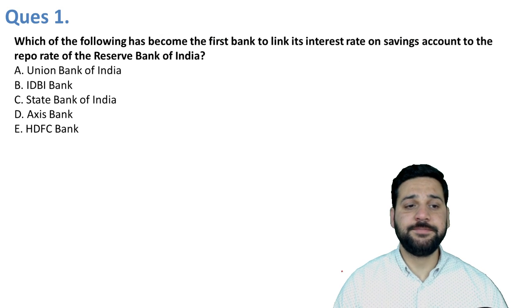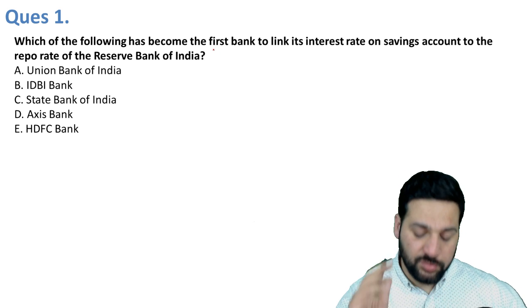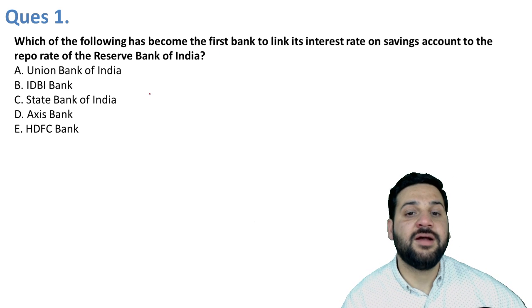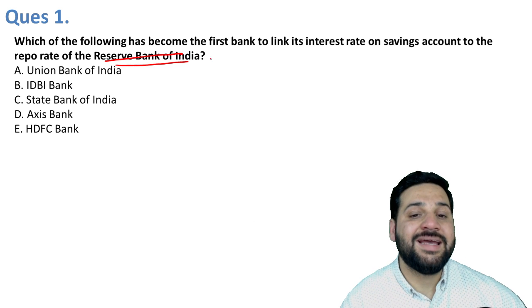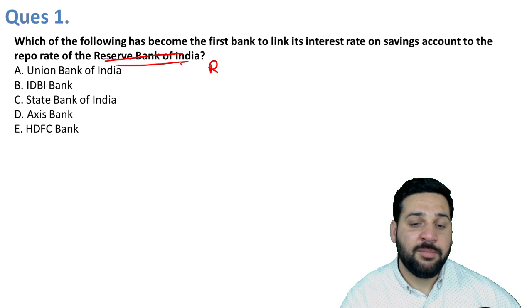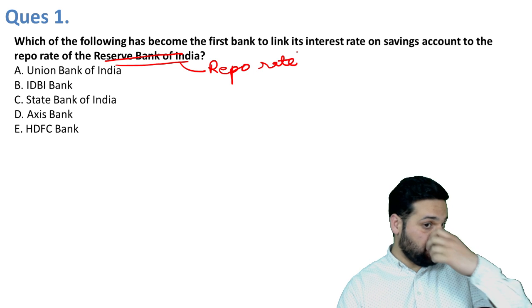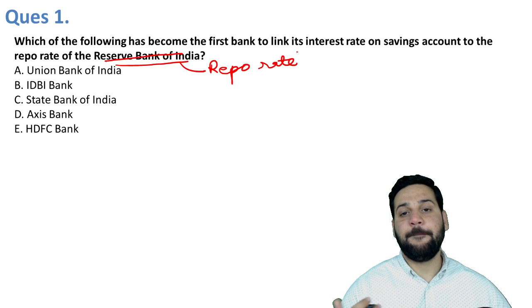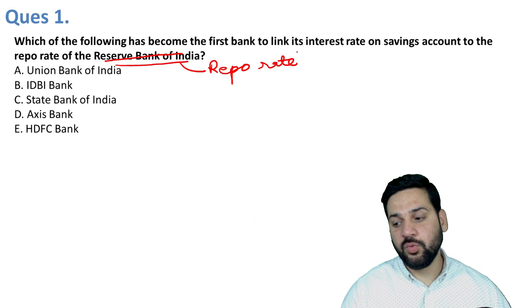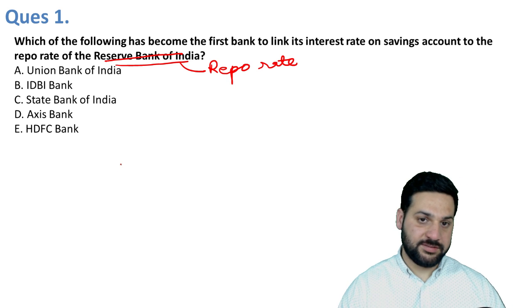Question number 1. Which of the following has become the... See students, there is a point. Whenever the Reserve Bank of India changes the repo rate, the banks do not make the same changes in the interest rate they pay to depositors.